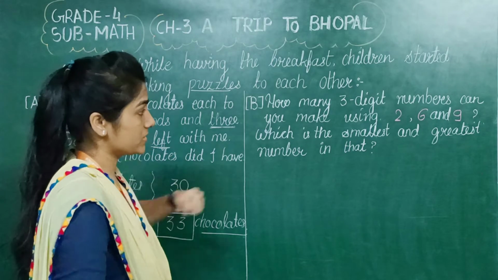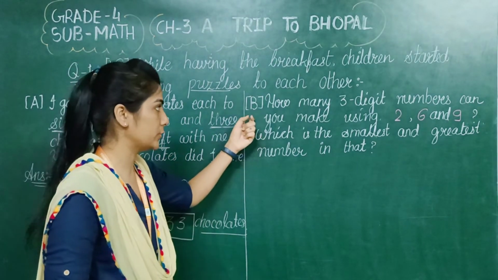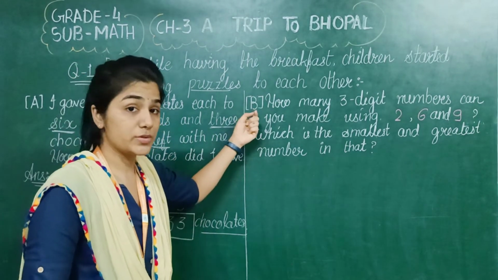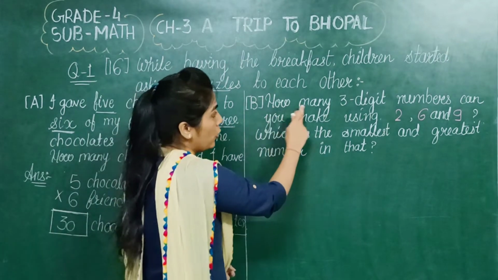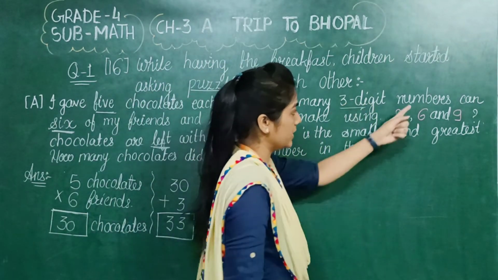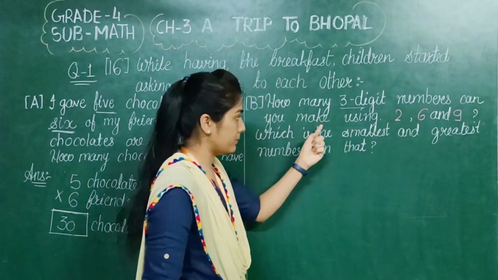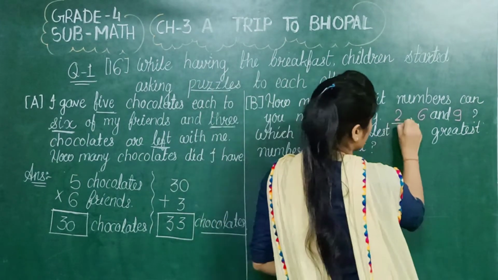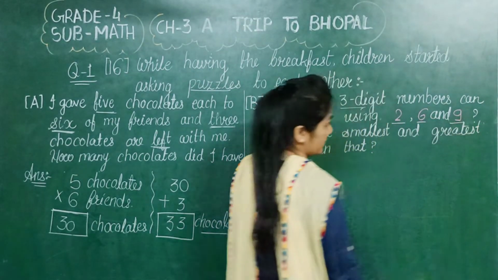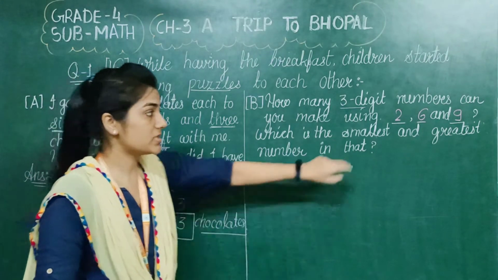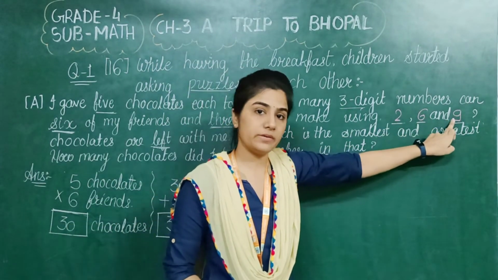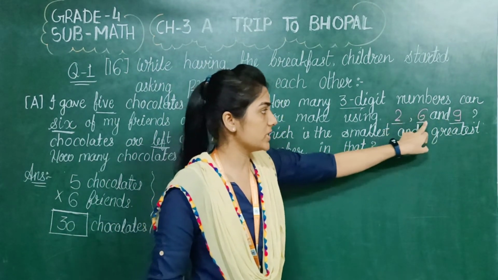This is a most important question and very useful for you. How many 3-digit numbers can you make using 2, 6 and 9? These 3 digits are already given, which I have written: 2, 6 and 9.